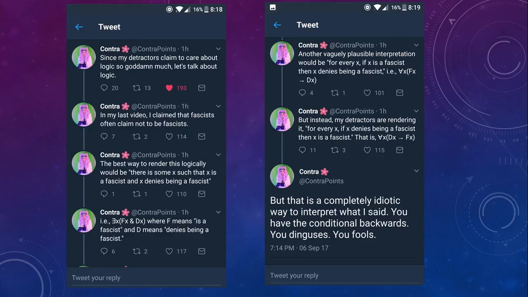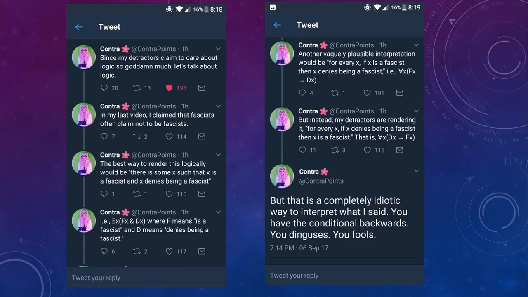"Since my detractors claim to talk about logic so gosh darn much, let's talk about logic. In my last video, I claimed that fascists often claim to not be fascist. The best way to render this logically would be there is some x such that x is a fascist and x denies being a fascist. That is, there exists an x such that Fx and Dx, where F means x is a fascist and D means x denies being a fascist.